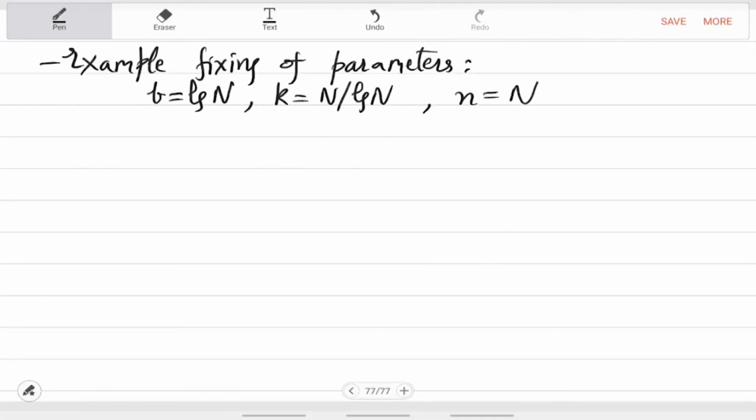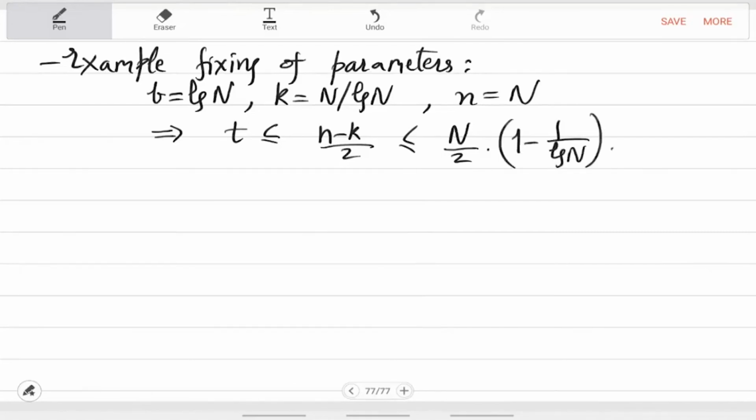And the t that it can handle is then... okay. So note that 2 raised to b is greater than or equal to little n, and the second inequality is little n is greater than or equal to k plus 2t. So this is what you get.